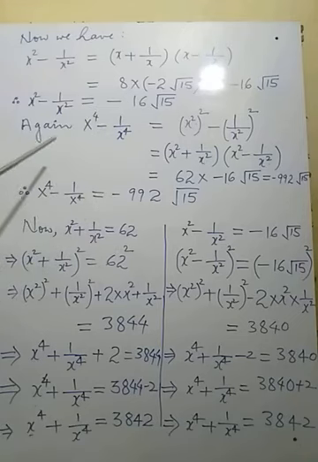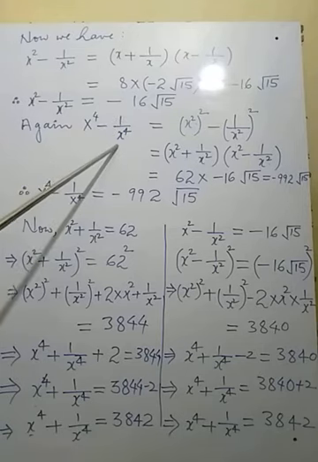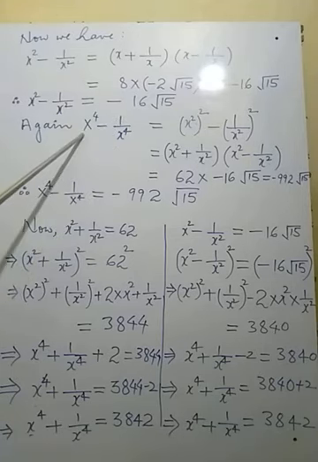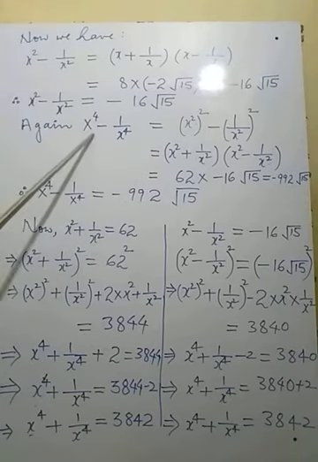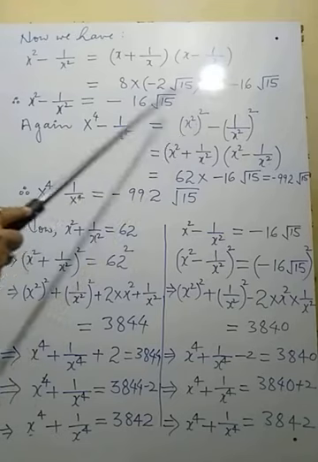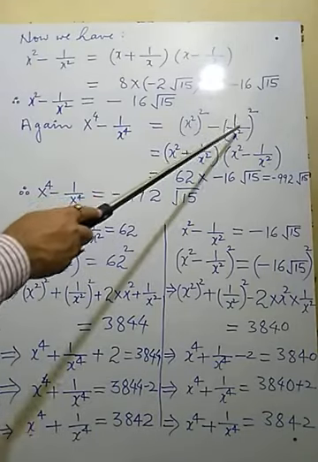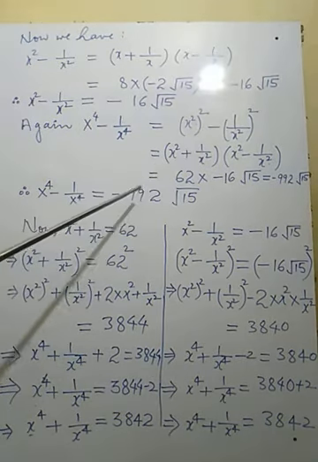Some more questions may be framed there. For example, if it is given, find the value of x to the power 4 minus 1 upon x to the power 4, how can we solve this? This is x to the power 4, the square of x square, and 1 upon x to the power 4 is the square of 1 upon x square.